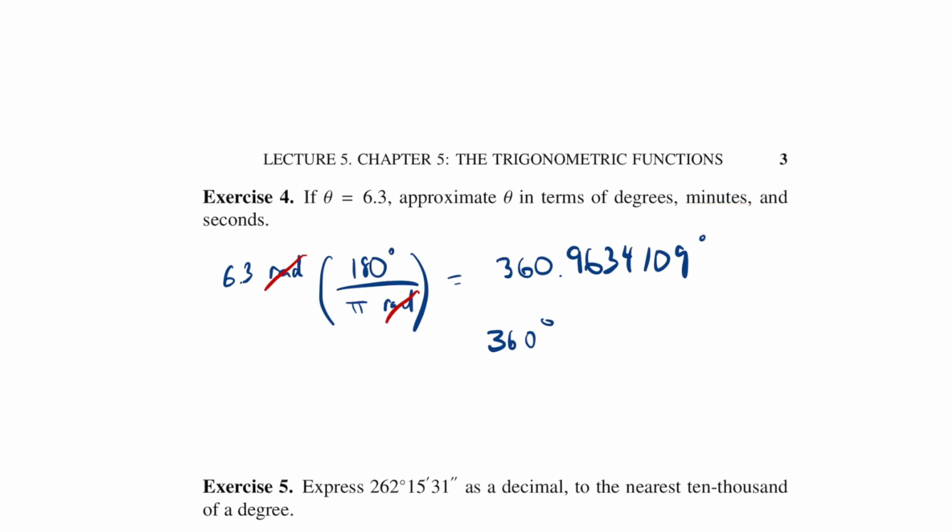On your calculators, I would just subtract 360, and that's going to eliminate this, and so your calculator should just have this now. Hit times 60, and you should get 57 point, a lot of decimals, so that's 57 minutes.